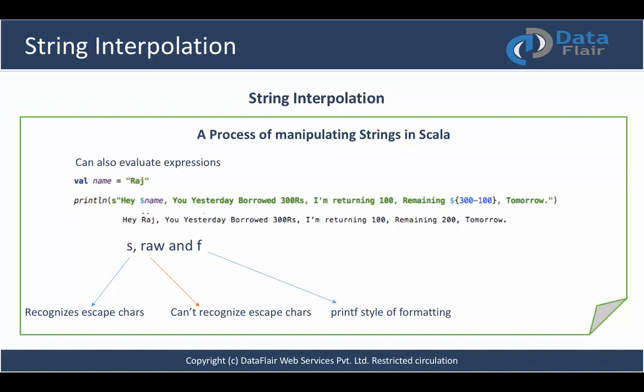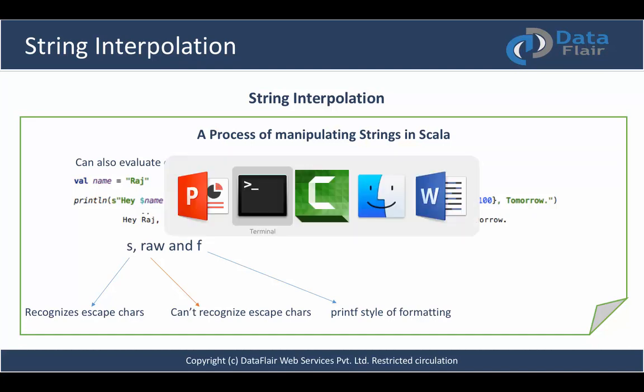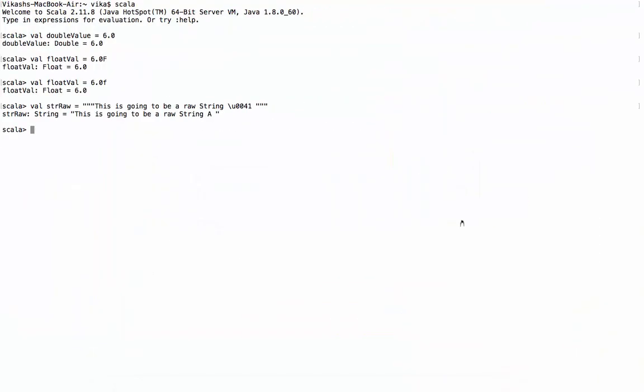Let's go ahead and try that in the Scala REPL. So we have our same window. We will first try the same example that we had there. We will give a name, so val name is equal to Rahul this time, and then we want to print that. We will start with an s, then double quotes, hey, dollar sign, then the placeholder name.